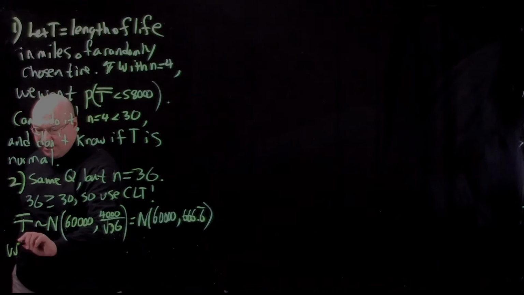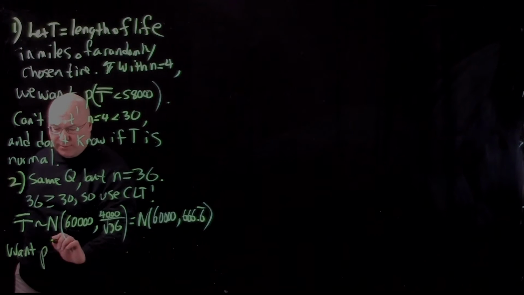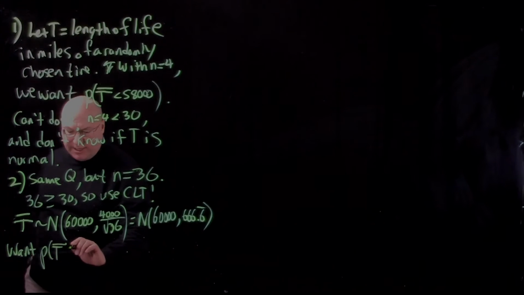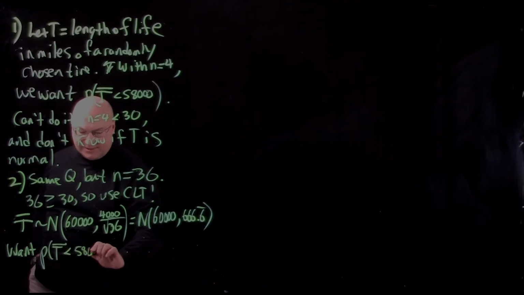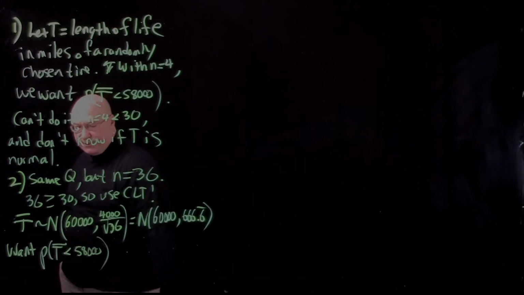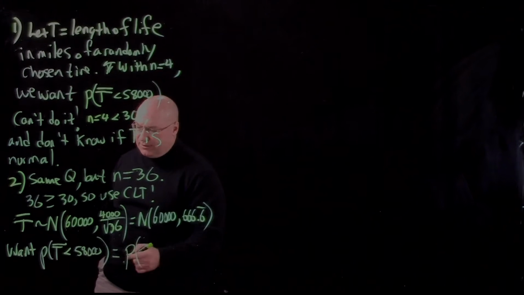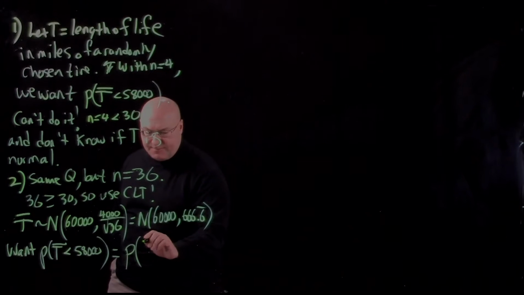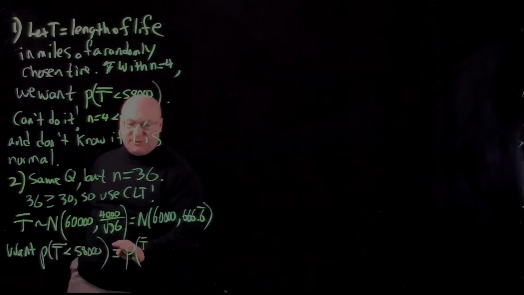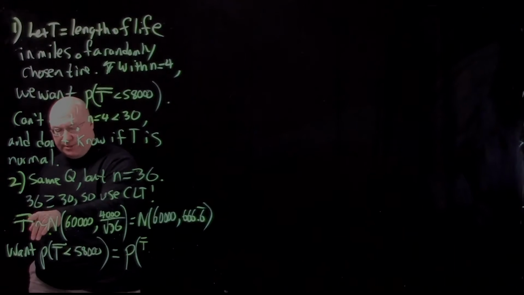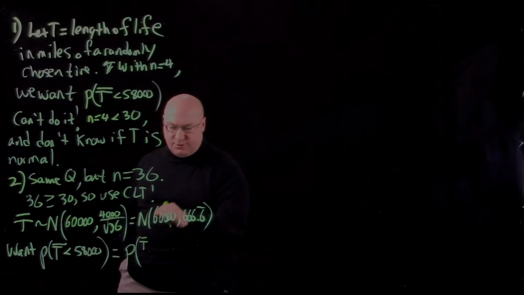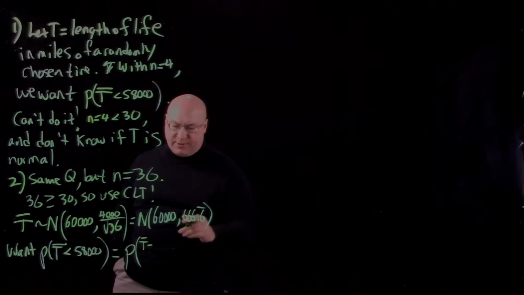So what we want is the probability that T bar is less than 58,000 miles. So we do our conversion, and of course you've stopped me and done this already. Because we have the normal curve on T bar, we can convert to a z-score and use the z random variable.